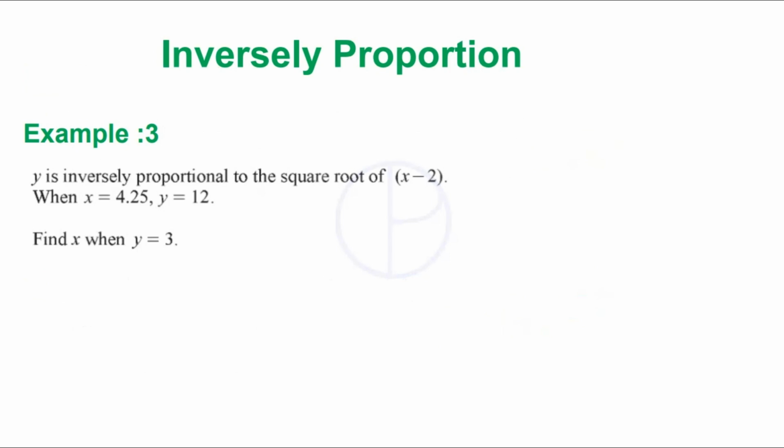Okay. Next topic is inversely proportional. So inversely proportional means when one variable goes up, the other one goes down. Okay. If y is inversely proportional to x, that means y is proportional to 1 over x.